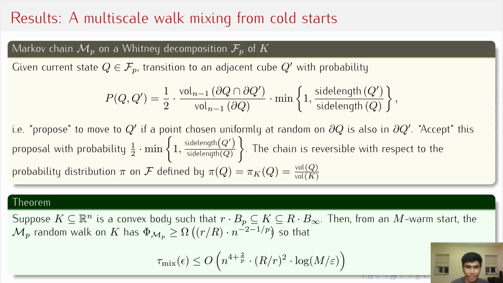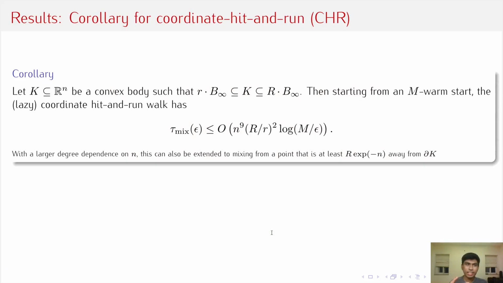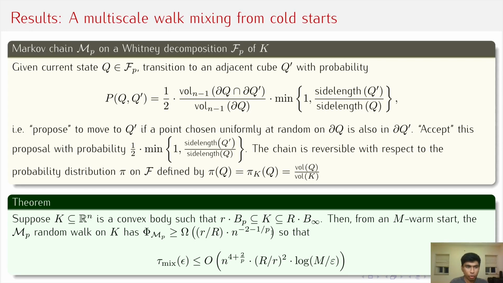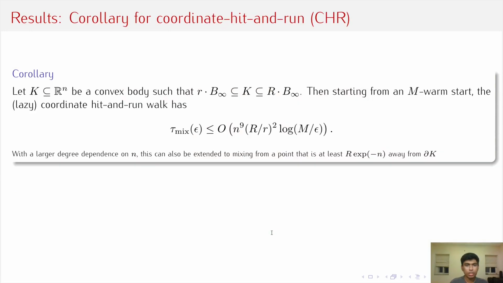And consequently, we get that the mixing time of this Markov chain is some polynomial in the dimension n, the aspect ratio R over r, and log of the oneness parameter. And as a corollary, we get that the coordinate hit and run walk also mixes rapidly from a cold start, albeit with a slightly worse mixing time bound, going from n to the 4 for the multiscale walk to n to the 9 for the coordinate hit and run walk.